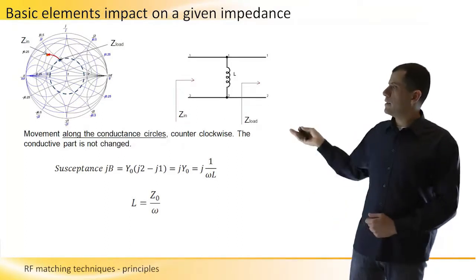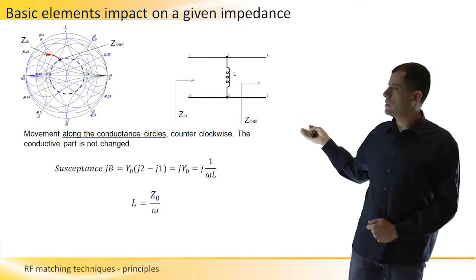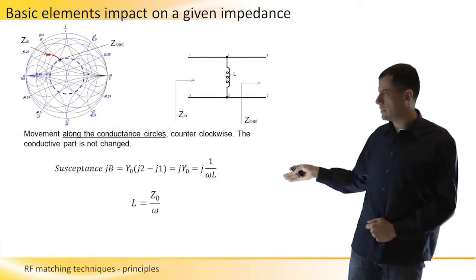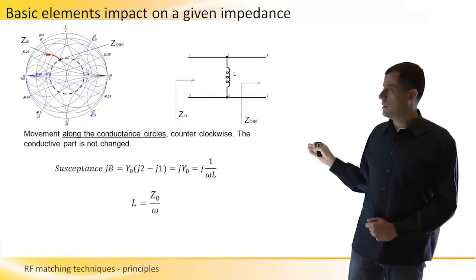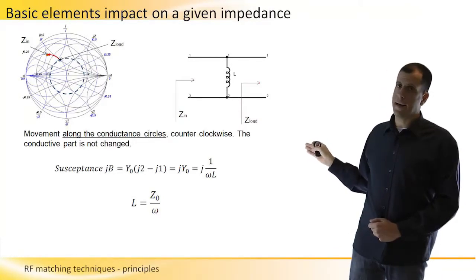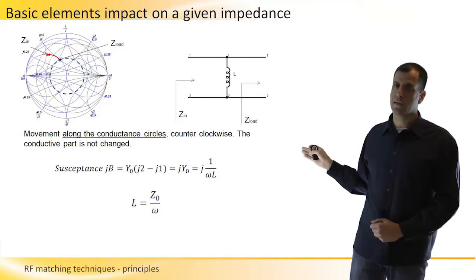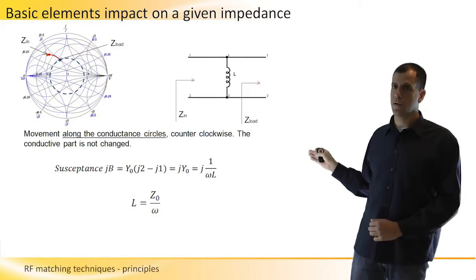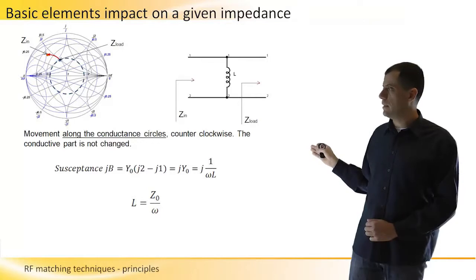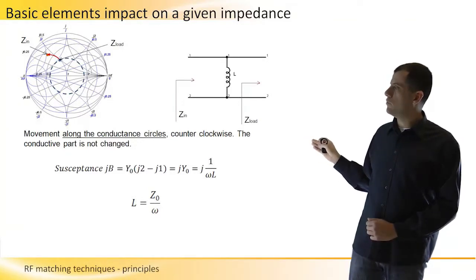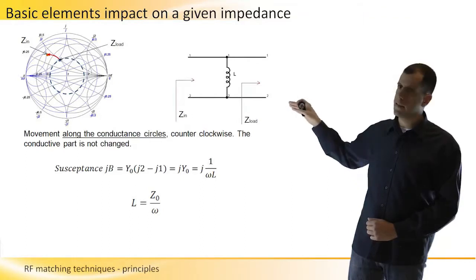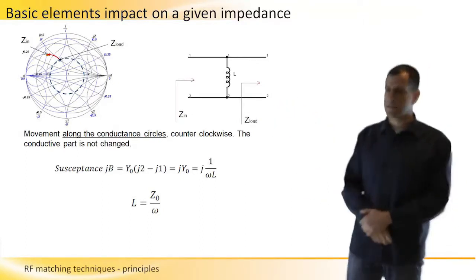You see again that the movement is along the conductance circle and counterclockwise in this case, because when we add an inductor, of course, the susceptance of our load will be increased. In this case, we see how the movement is toward increasing the value of the susceptance.